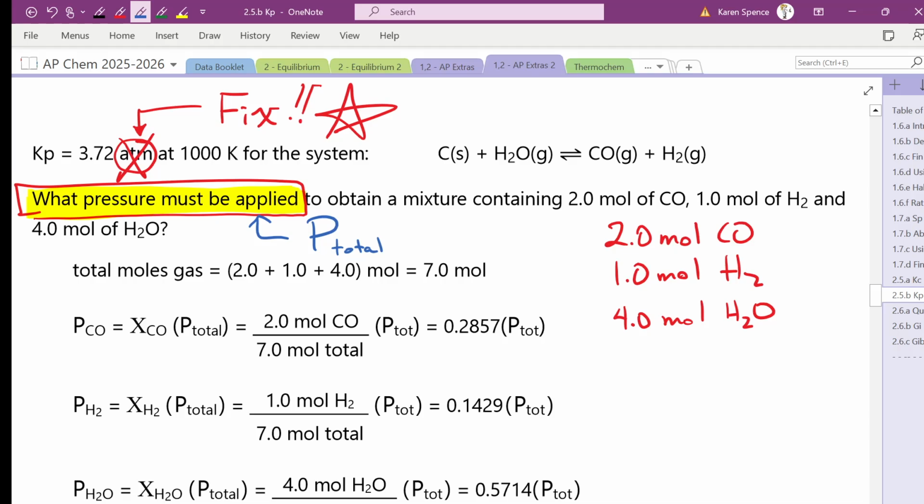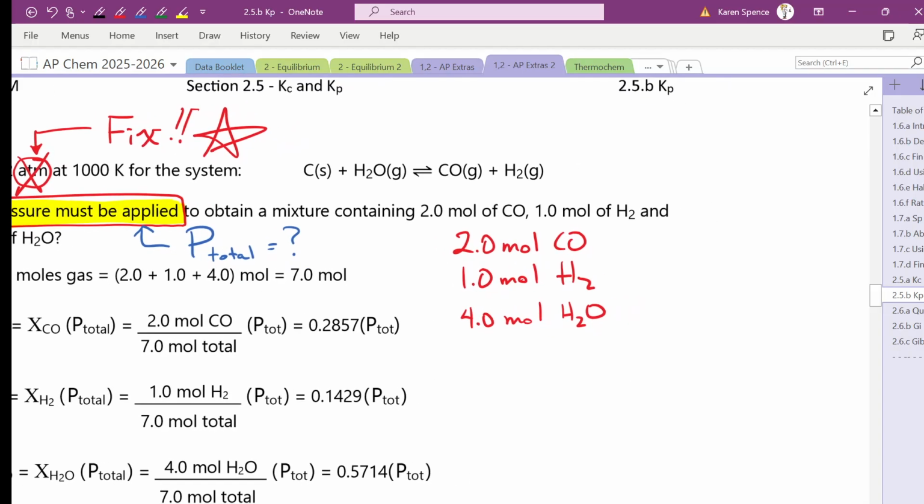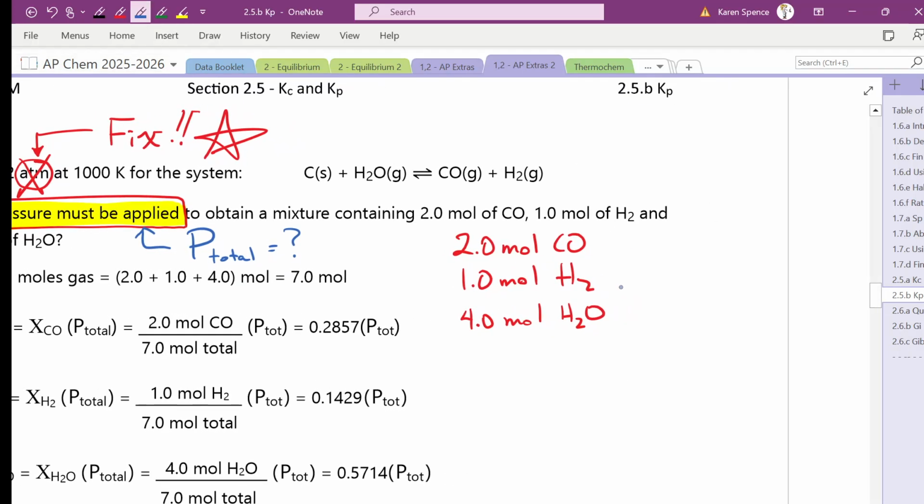Okay. So we are wondering what that is. We're like, I don't know. Okay. What we do know, though, is that our total moles is 7 moles.